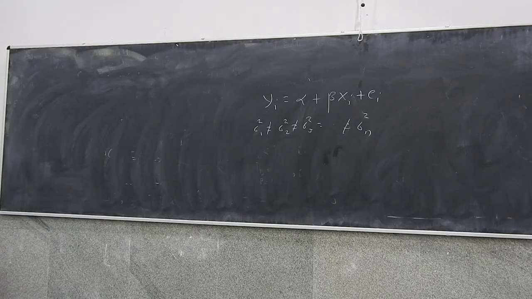Whenever the error terms in the regression model do not follow the classical assumptions of being uncorrelated and homoscedastic, then you transform the data in such a way that the regression in the transformed data has error terms which follow the classical assumptions.